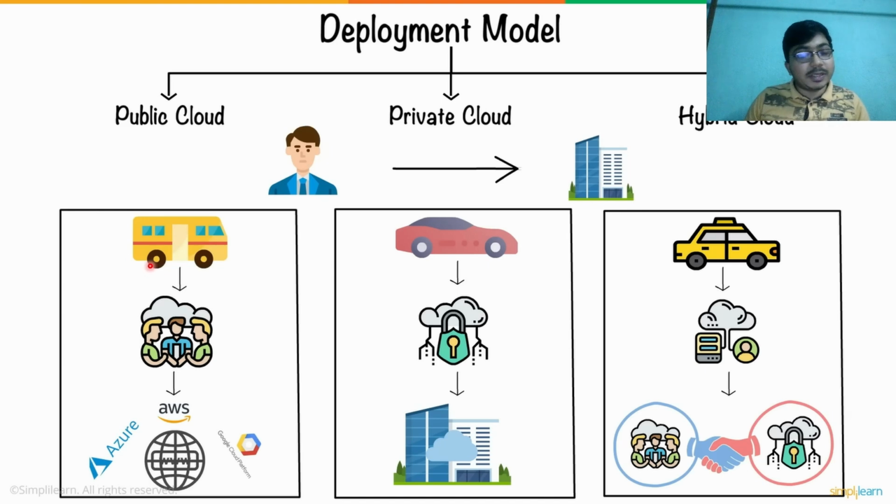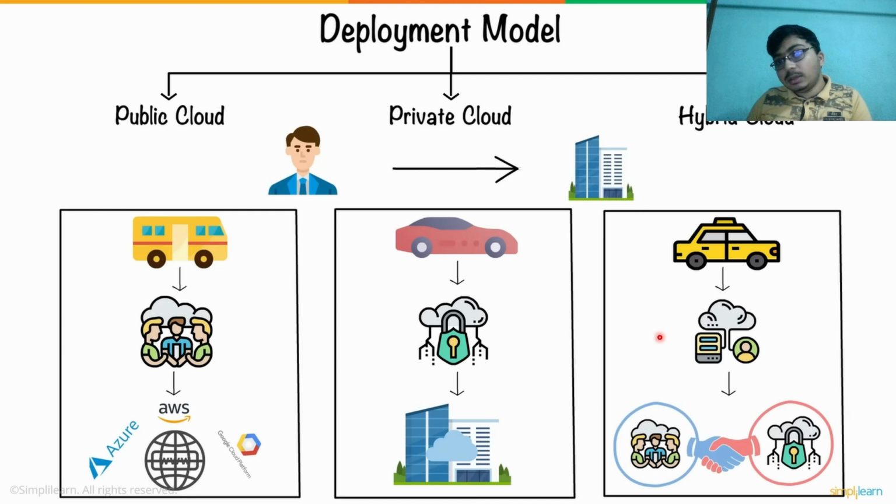That is public cloud. On the other hand, private cloud is like having a car. This is used for internal systems in your company, so only the members of your company will have access to this cloud. It is like having a private car, where only you and your family members have access. And then there is something called hybrid cloud. Hybrid is a junction between private and public.